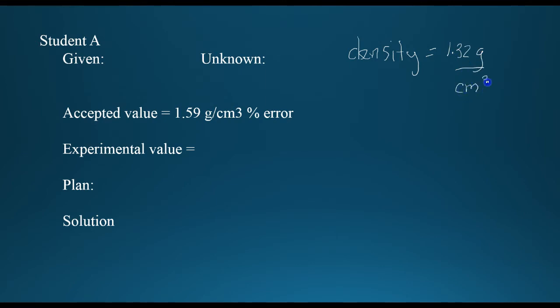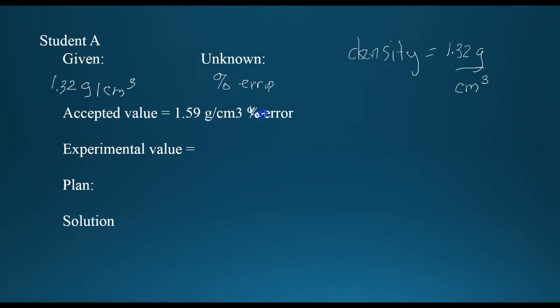We want to know what that student's accuracy is, or what the percent error is. So the given would be 1.32 grams over centimeters cubed. The unknown would be the percent error.